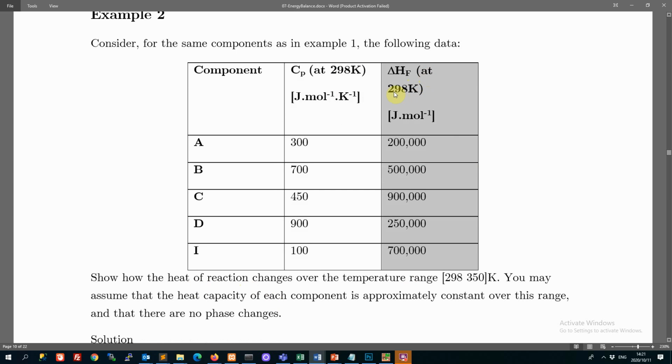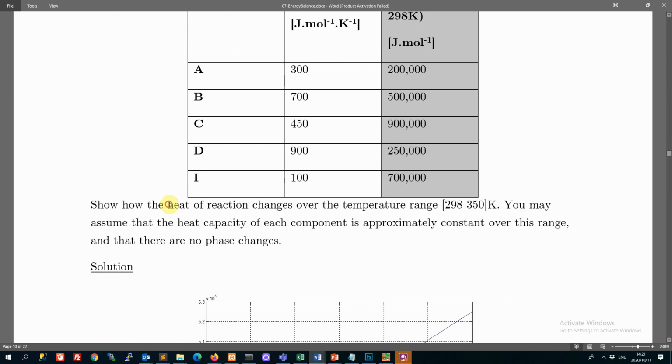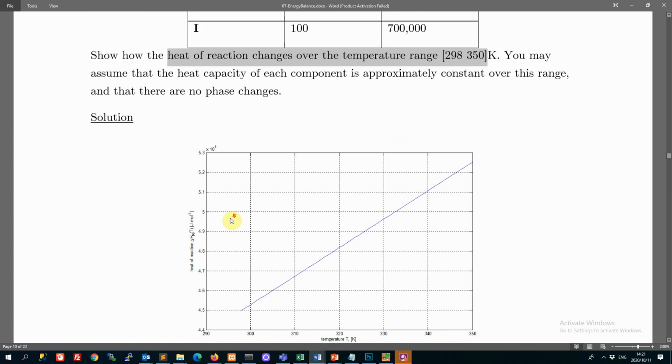So the reference temperature is 298, and we know the heat of formation for each of these species. Then we want to know how the heat of reaction is changing over that temperature range. So over about 50 Kelvin, we would like to know what's the heat of reaction.